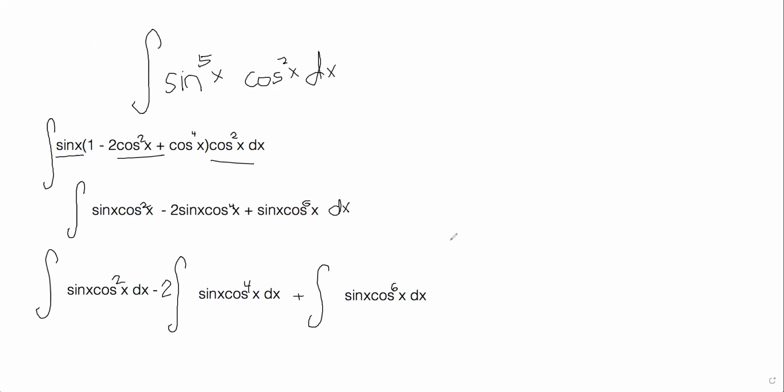So now we have a u sub situation for all three. What do we want to be u and what do we want to be du? I would say, let me think here. No problem. Take your time. It's always a really good idea to be strategic in how to do this.